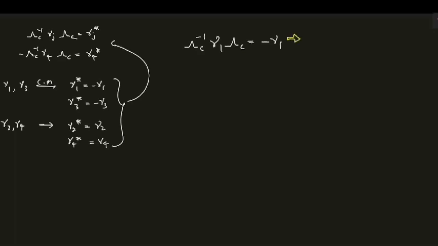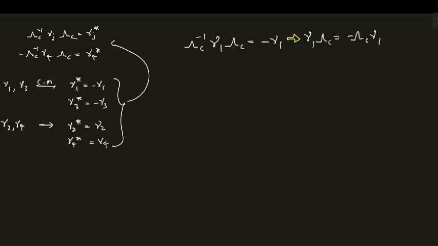So if you pre-multiply both sides by lambda c here, and this side also you will multiply by gamma 1 lambda c, what do you get? That will become lambda c into lambda c inverse on the left hand side becomes 1. So you will have on the left side gamma 1 lambda c equals to, similarly on the right hand side you will multiply with lambda c, so you will have minus lambda c into gamma 1.